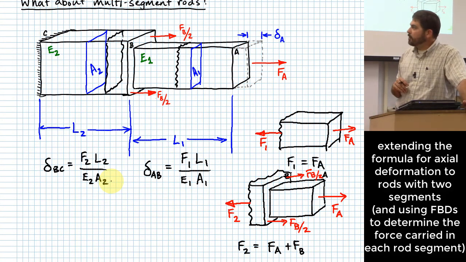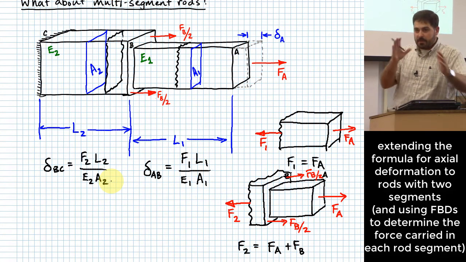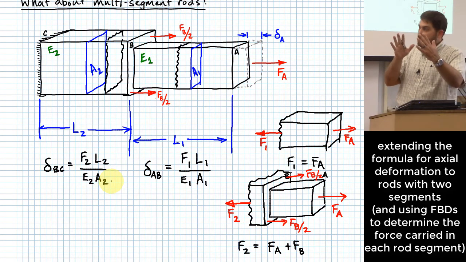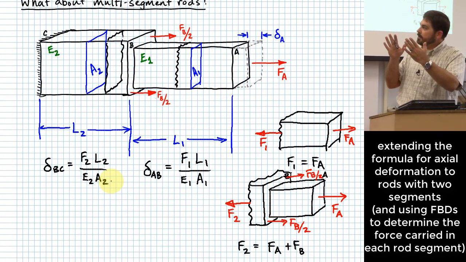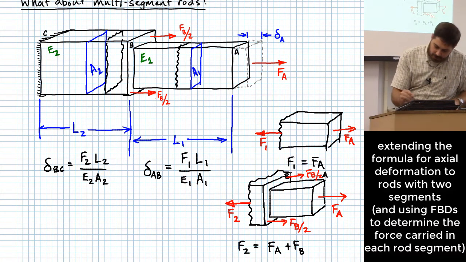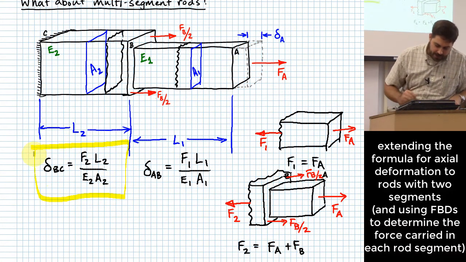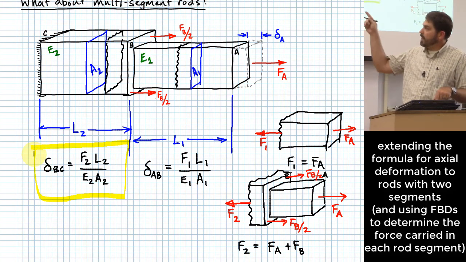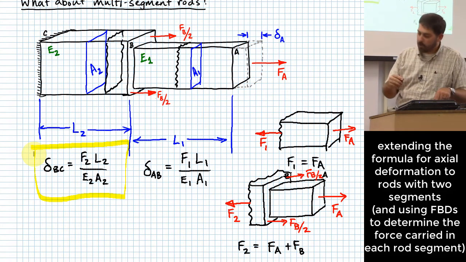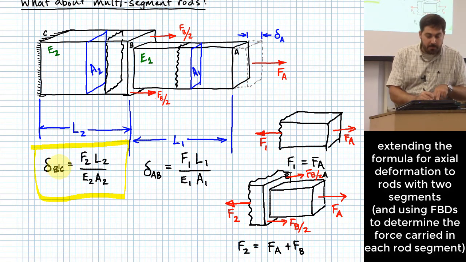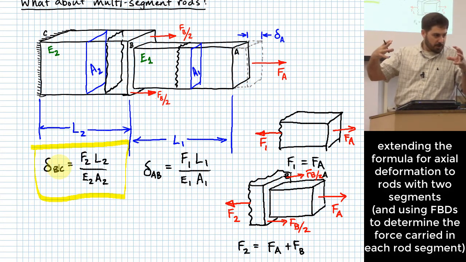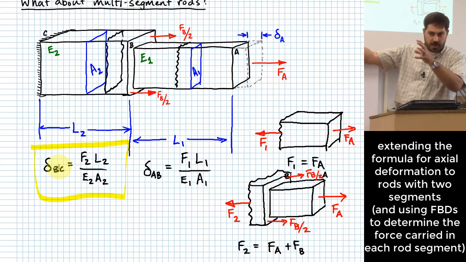Okay, you add those two together because what you're doing is you're saying the starting point B for segment AB is going to shift to the right a little bit under the load, right? And that it will shift to the right. Point B will shift to the right by this amount that I have written over here on the right. To figure out total how much point A moves, I have to account for not only the amount that segment BC changed, but also how much AB changed, right?